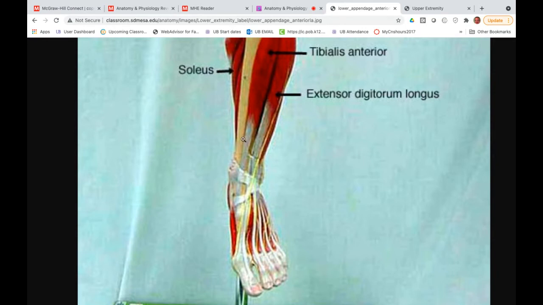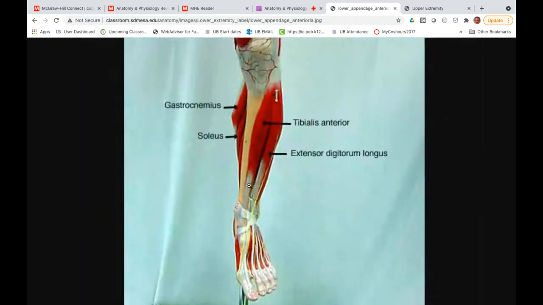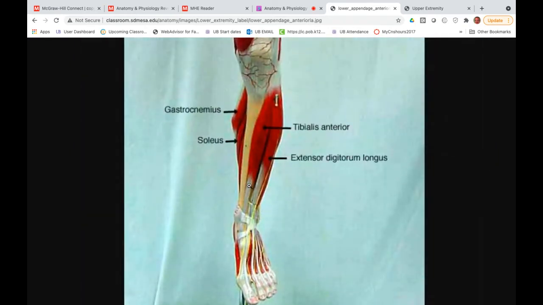Basic rule. So since it crosses the ankle in the front, what is that action called? When it moves the ankle up, we call that dorsiflexion. When the ankle goes down, as if you're stepping on your tippy toes, we call that plantar flexion. So you have dorsiflexion and plantar flexion.